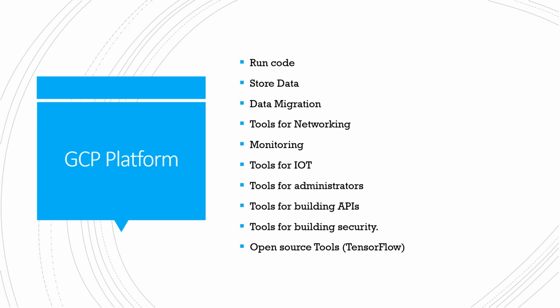Then also tools for administrators. You can create a platform where other administrators can manage your services. Then also tools for building APIs, application program interfaces. Then also tools for building security. Then you have tools for TensorFlow, which is an open source platform.